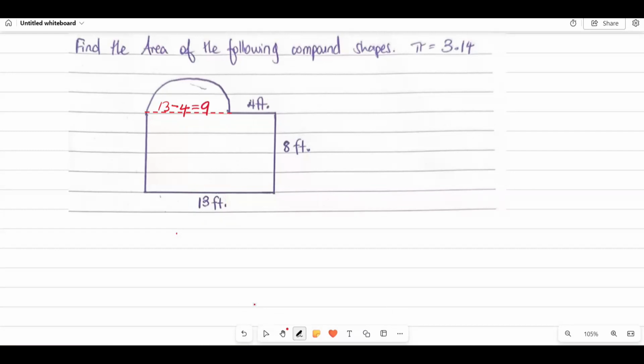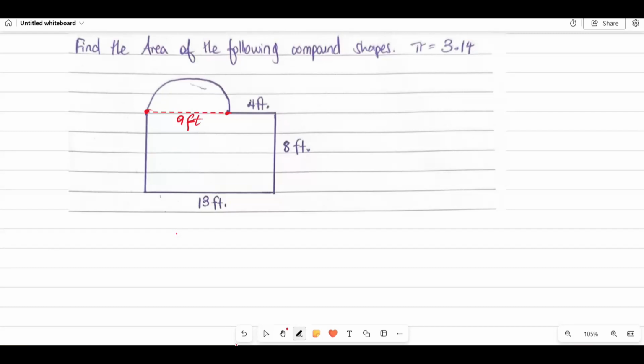This means that this piece is 9 feet, so the diameter of this semicircle is 9 feet. Let us go about finding the area of that semicircle and then the area of the rectangle.